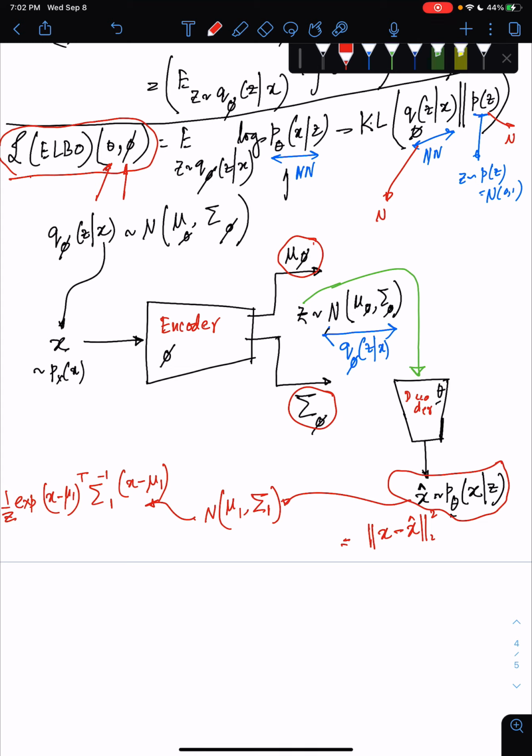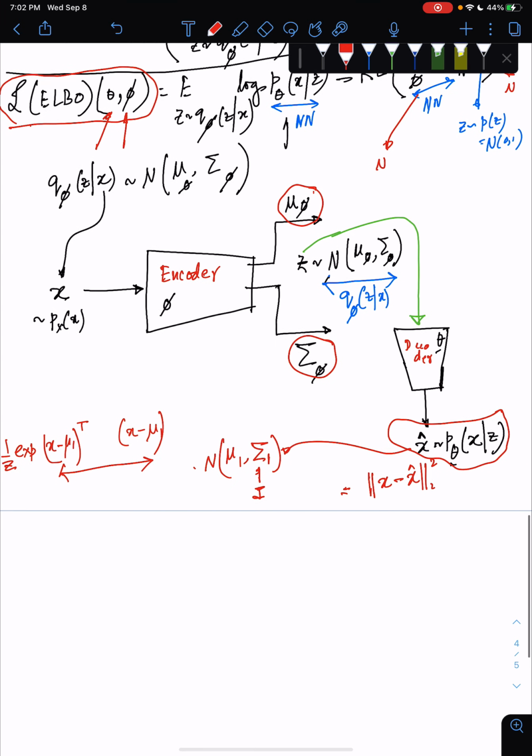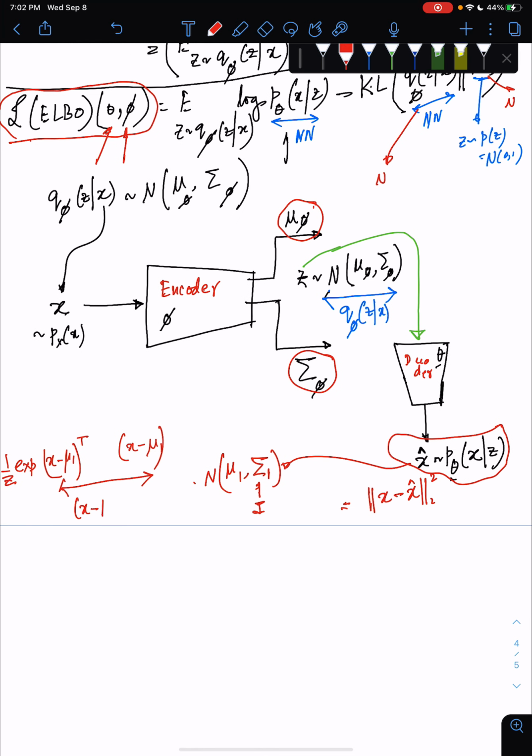We often take this sigma as an identity, so it goes away. So x minus mu1 transpose times this is nothing but an inner product, or an L2 norm.